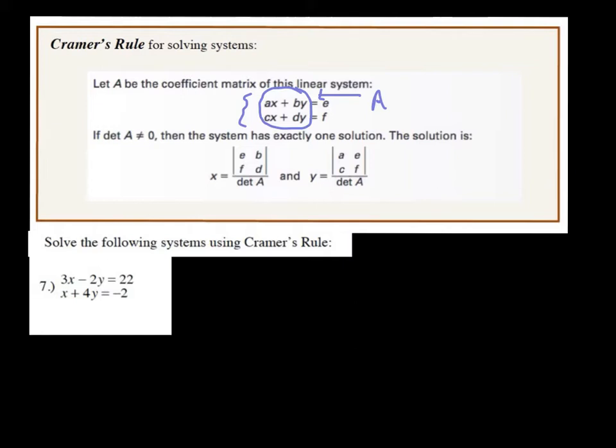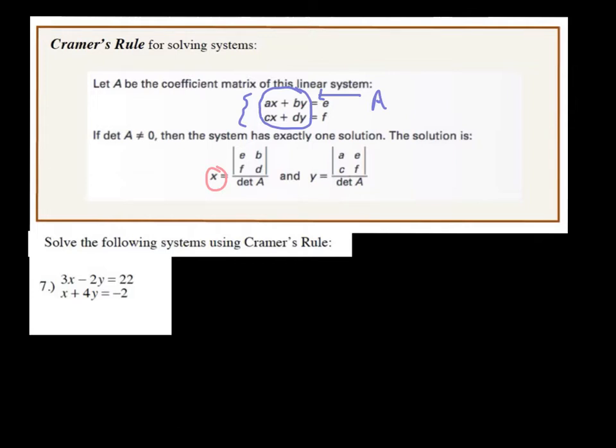So the first thing we do is find x. When we're solving for x, we're not using the coefficients that x is attached to, because we're trying to solve for x. So we replace a and c with what's left over on the right hand side. We replace the coefficients attached to your x variables with what the equation equals, and we leave b and d because they're attached to y.